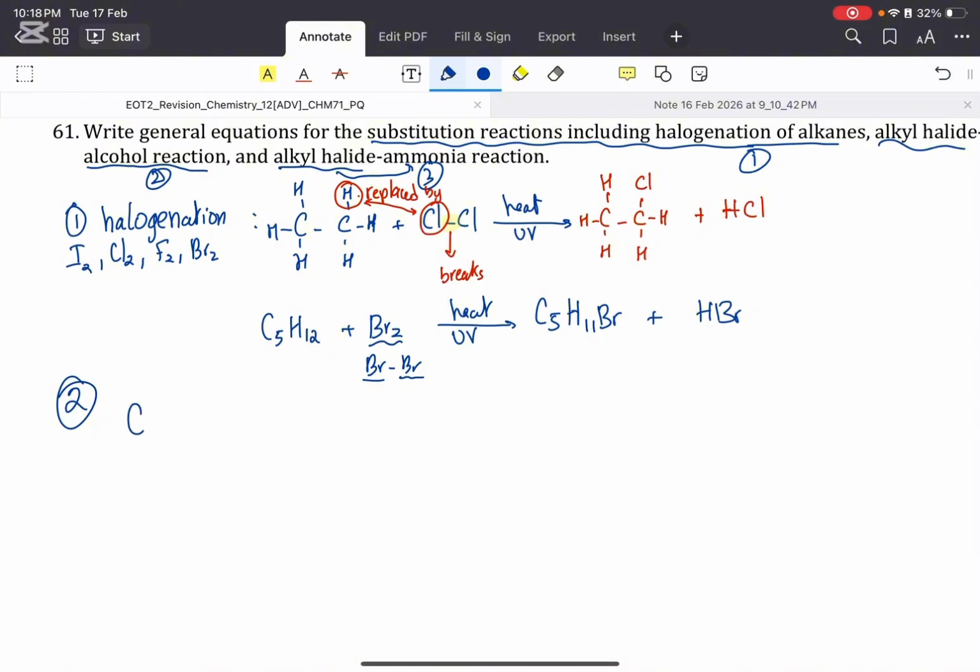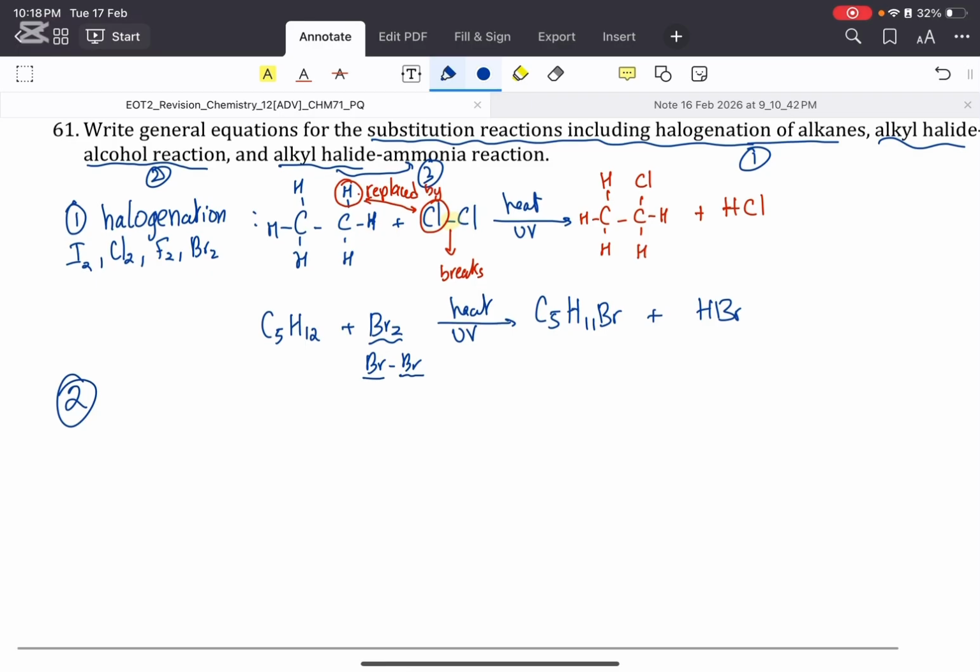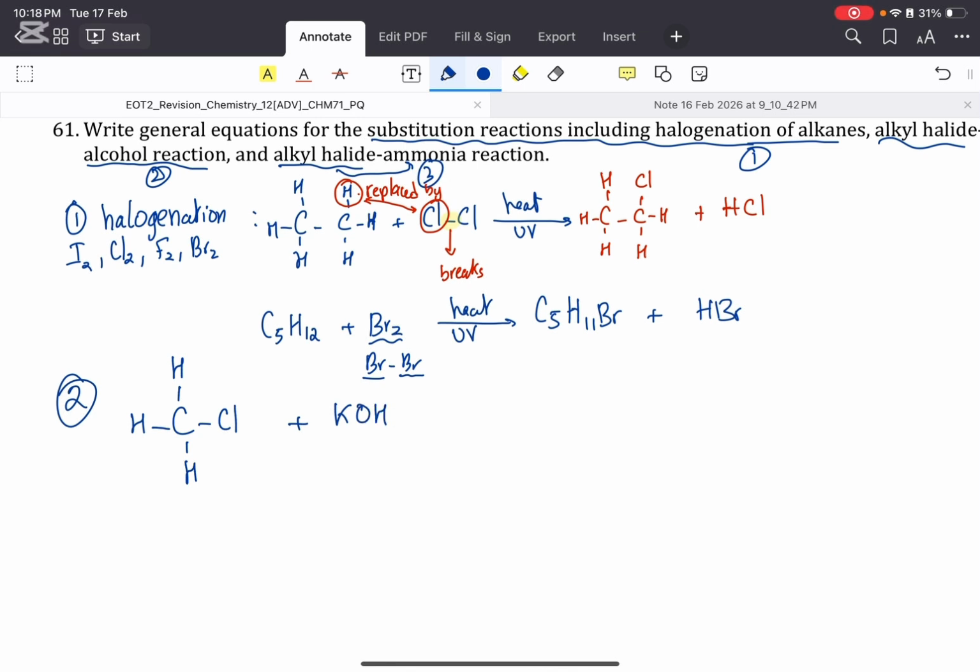Okay? Or just a new example. CH3Cl, but I'm going to draw it in a simple way so that you can understand it. So here I have hydrogen, hydrogen, hydrogen, and let's say I have Cl. I add to it a base. Could be KOH, could be NaOH, LiOH, any base, any compound containing the hydroxyl group. Okay, so let's take this as a first example.